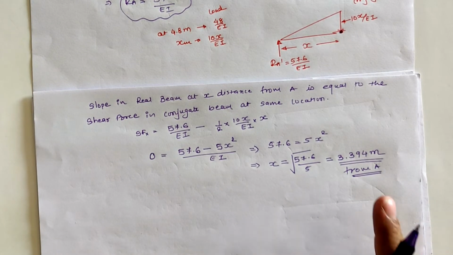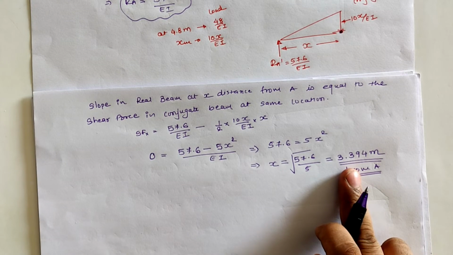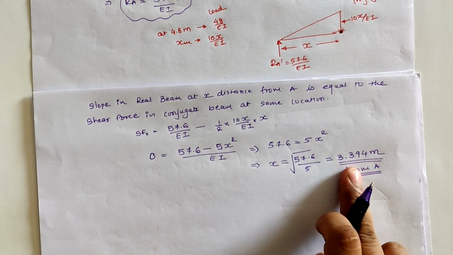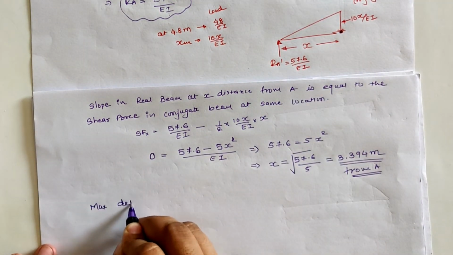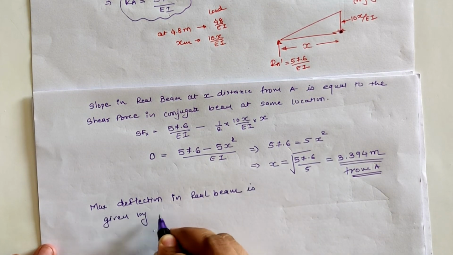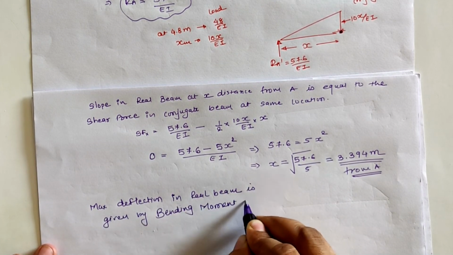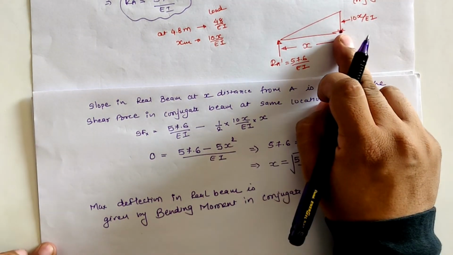So at distance 3.394 we must have the maximum deflection, and the maximum deflection can be found out from the bending moment in the conjugate beam. So let us take the moment at this section.